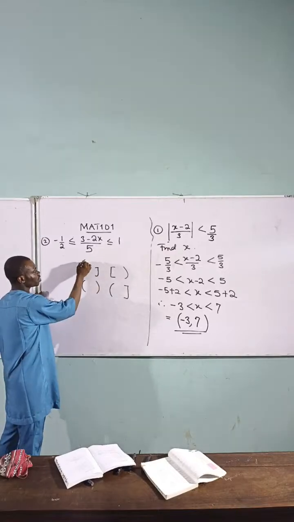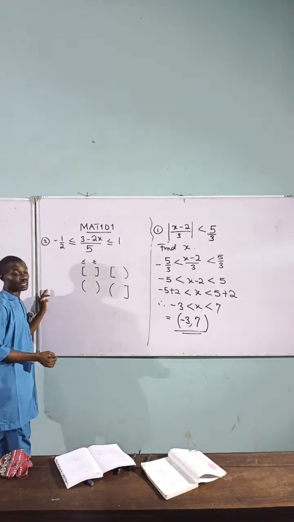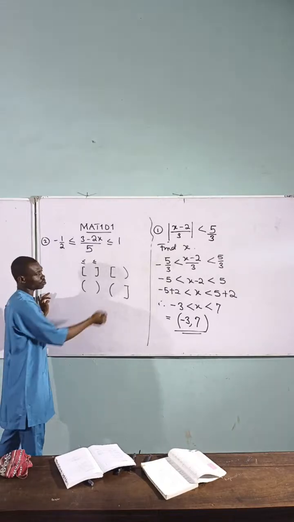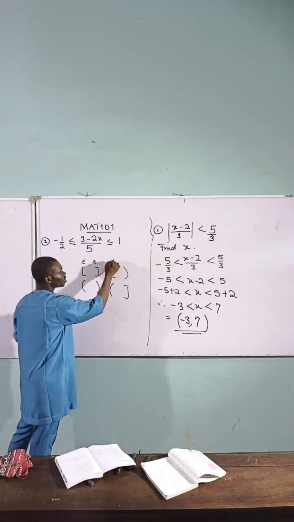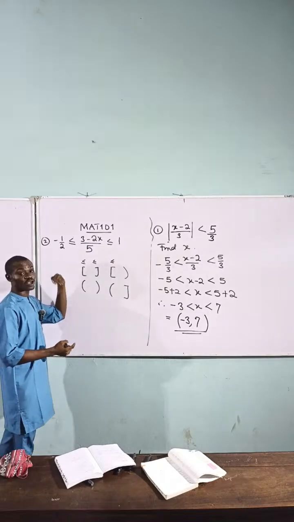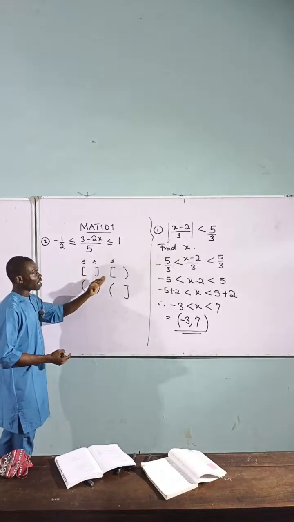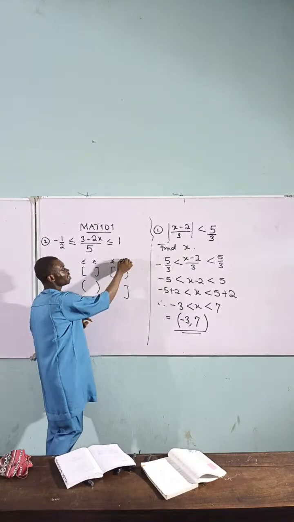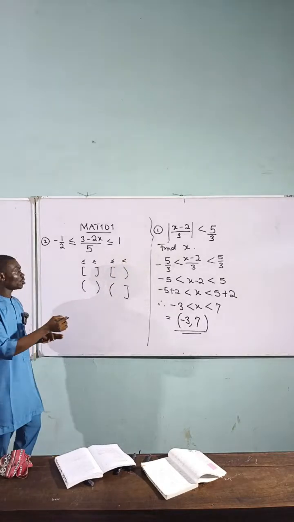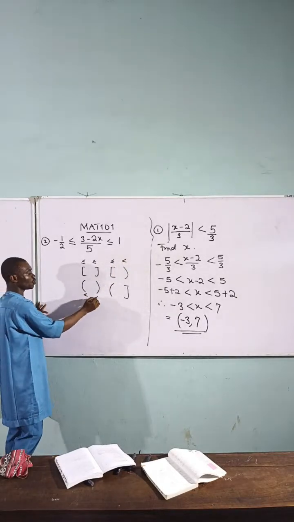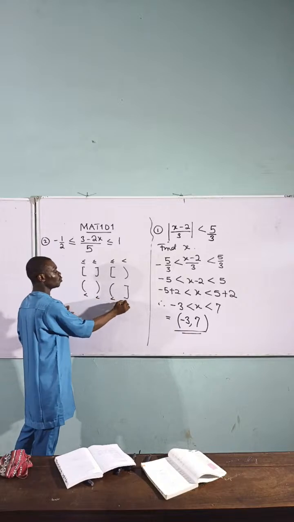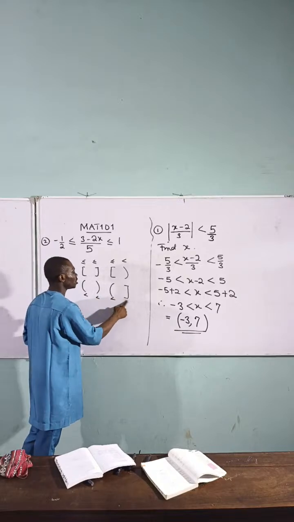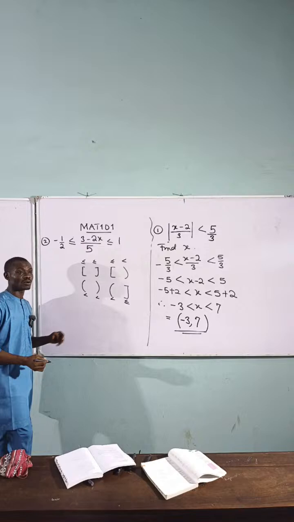So any side that has less than or equal to is closed, and then the side that has less than is open. Sorry, that's less than or equal to.